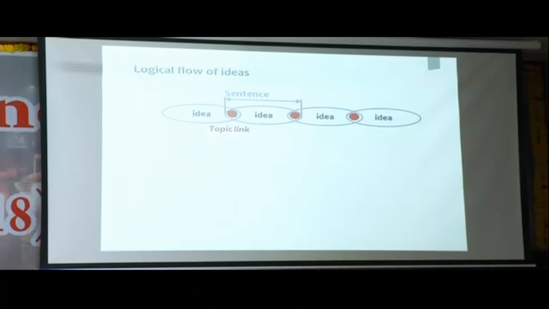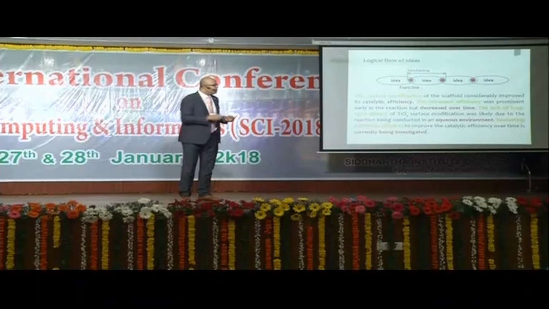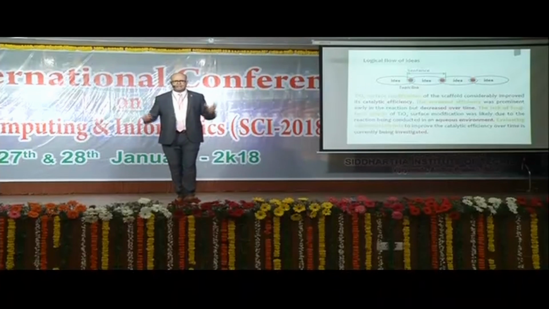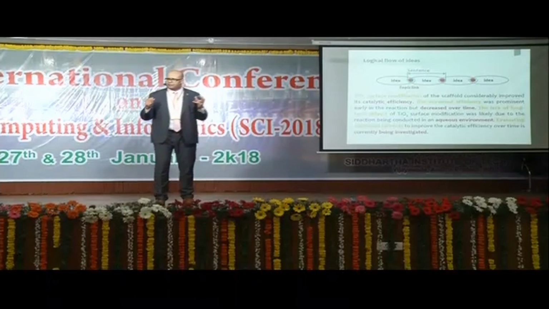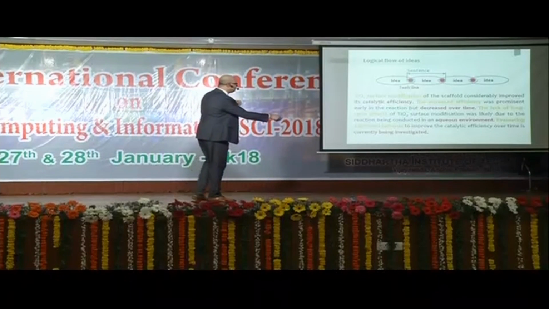It can produce a paragraph, as you know, and here the paragraph, I will read it quickly. This is the topic position. So the paragraph is about what? About titanium dioxide surface modification of the scaffold considerably improved its catalytic efficiency, in the stress position. So the message is about catalytic efficiency, and you will link it to the next sentence.